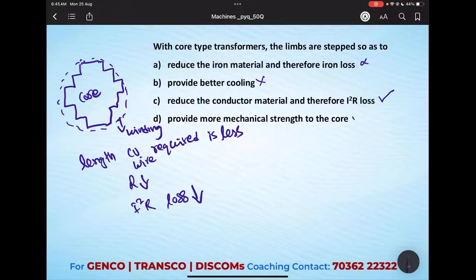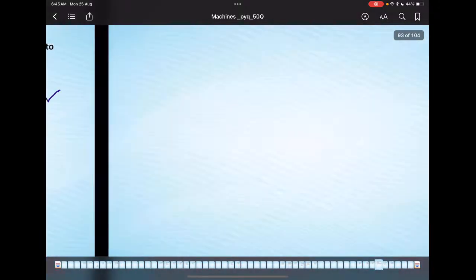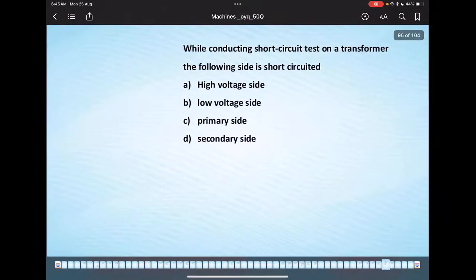No, it may not provide any strength to the core type of transformer. Okay, so our suitable option is C. In a core type transformer, the limbs are going to be in stepped form to reduce the length of the copper wire. Thereby we are going to reduce the copper losses. Okay, let's move on to the next question.